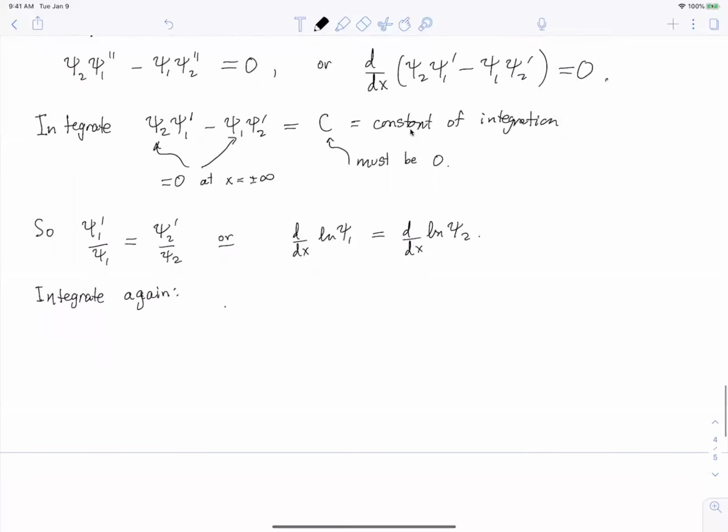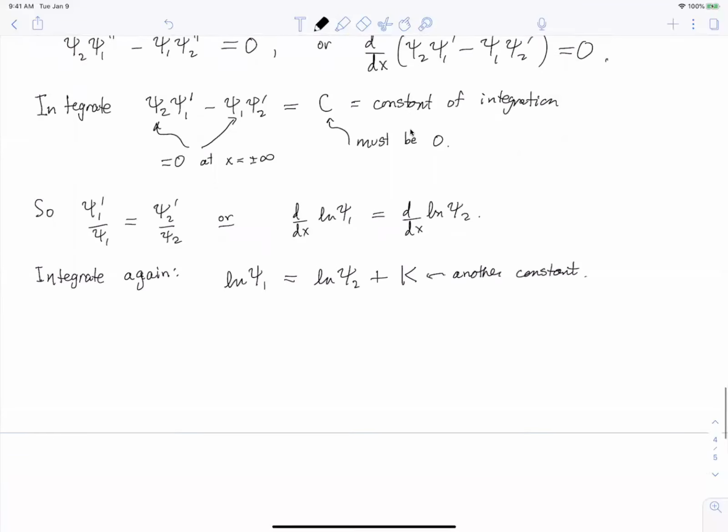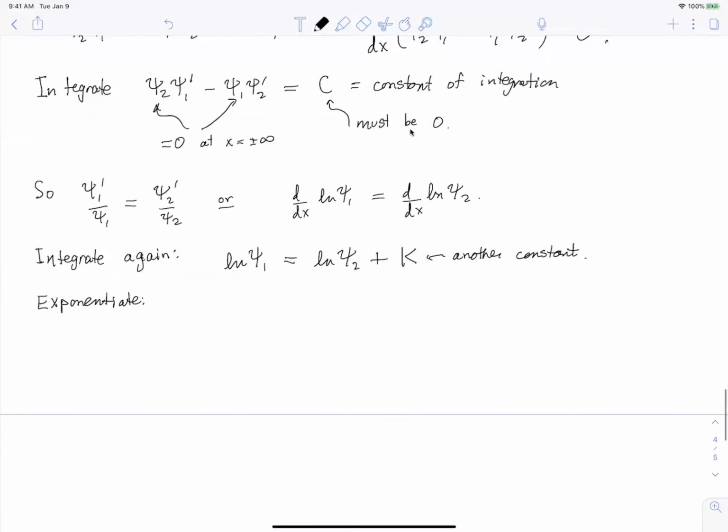Now we get log of psi1 equals log of psi2 plus maybe another constant of integration. We'll call it k this time. And now we can exponentiate. So what do we get? We get psi1 of x equals e to the k psi2 of x.